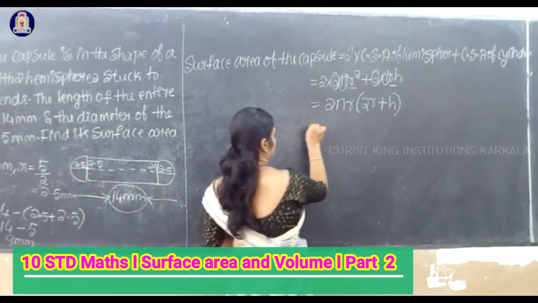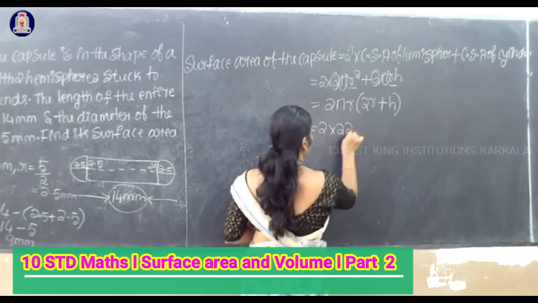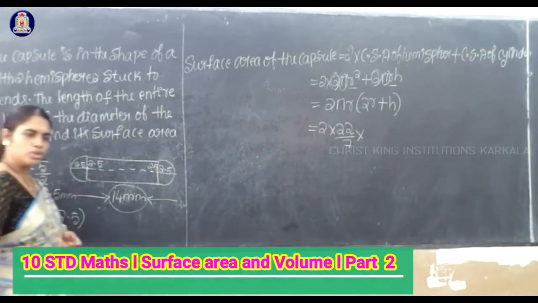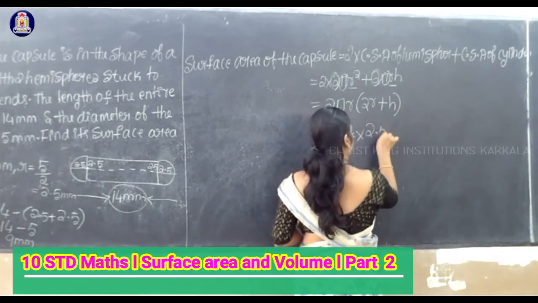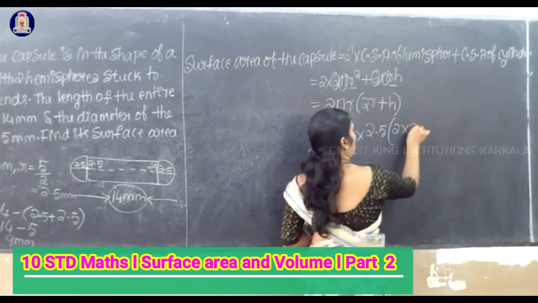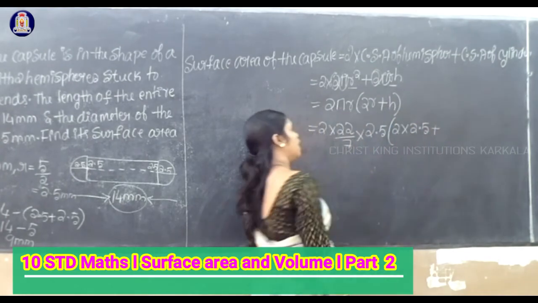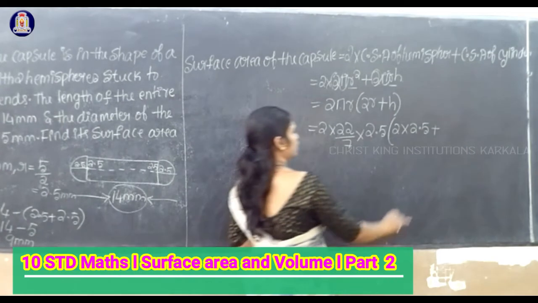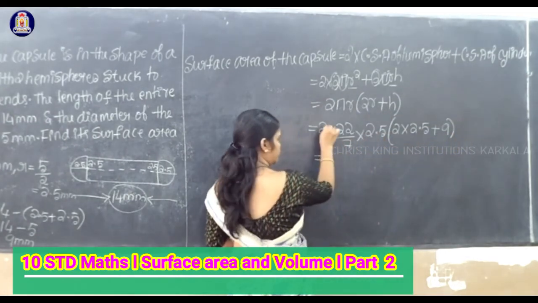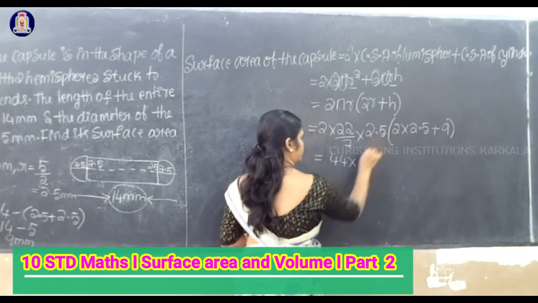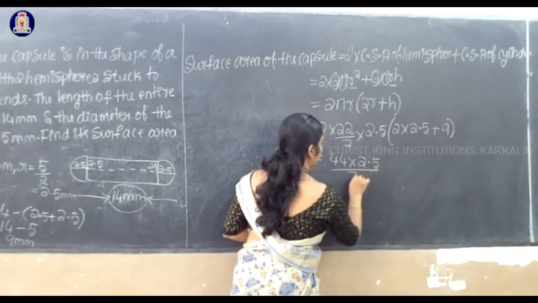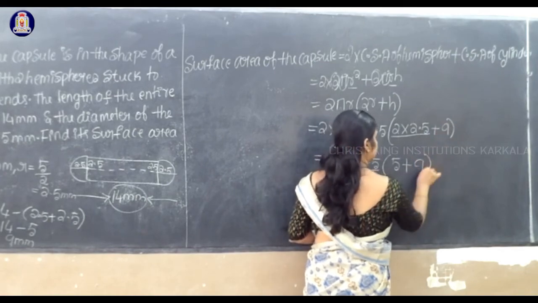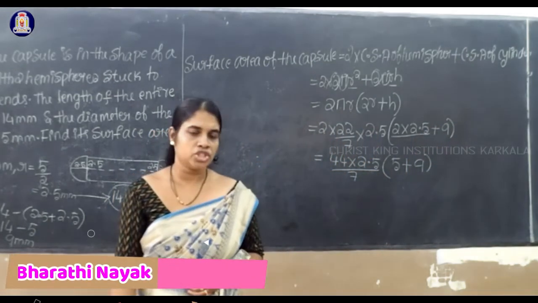Now I will substitute the values. 2 into pi value 22 by 7, into the radius, which is 2.5, into 2 into r value 2.5 plus h. h is nothing but the height of the cylinder, and the h value is 9. So this is equal to 2 into 22, which is 44, into 2.5 by 7, into 2 into 2.5, which is 5, plus 9. 5 plus 9 equals 14.